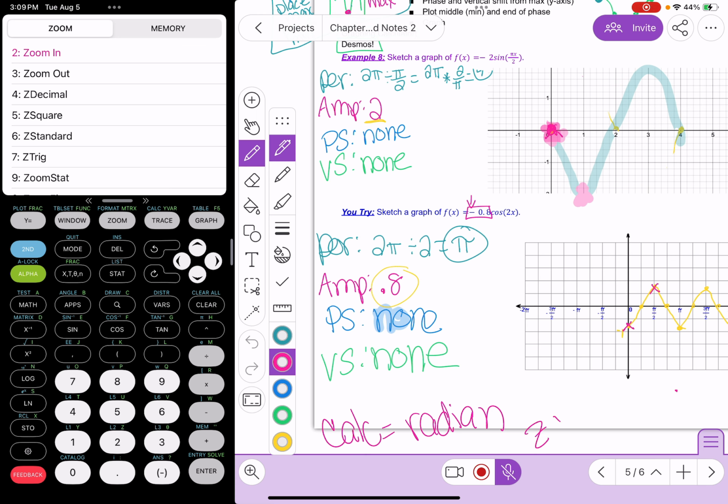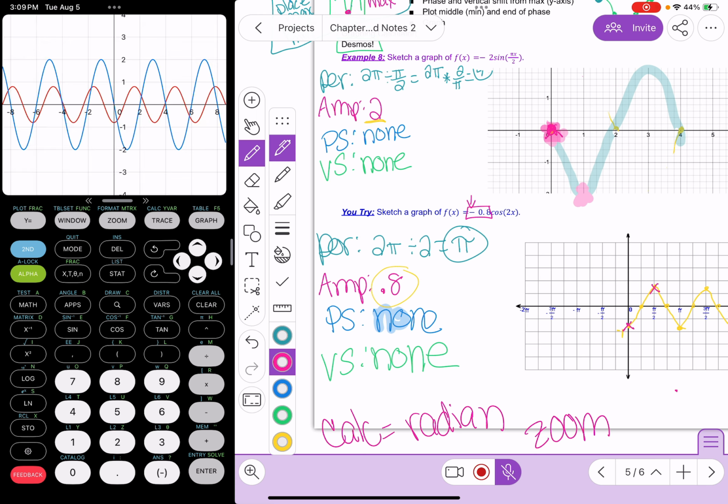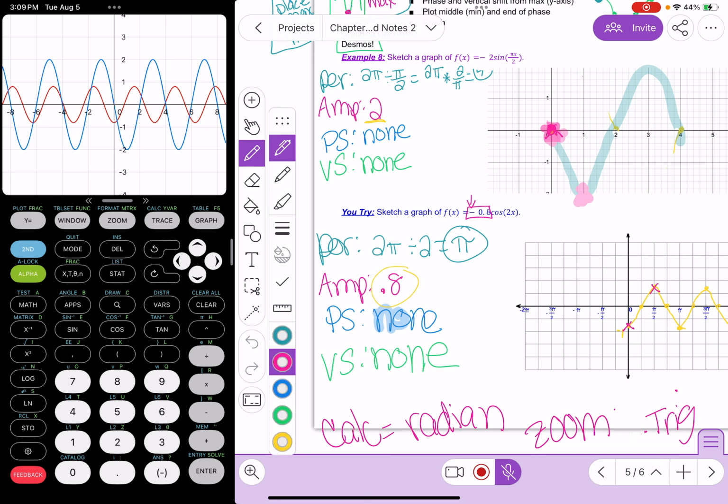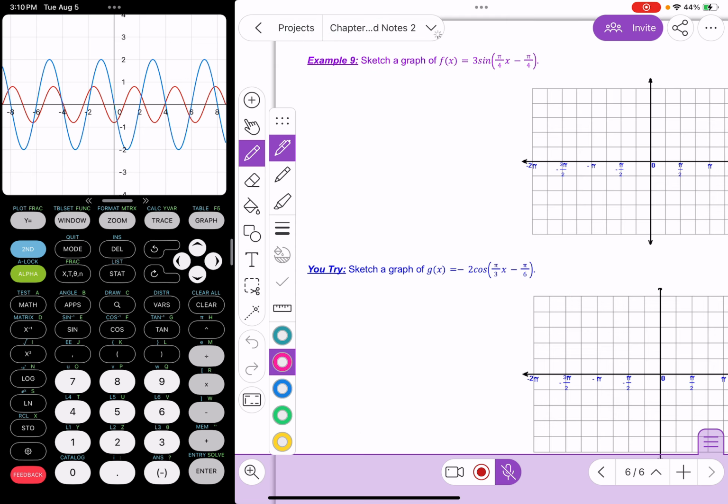And one thing I do like to do is I try to zoom to the trig. So zoom 7 for trig, just to make sure it's zoomed into like these pi values instead. So the blue in this case is that top one. The red in this case is the bottom one. So this blue on my calculator, red on my calculator. So they look pretty good. All right.